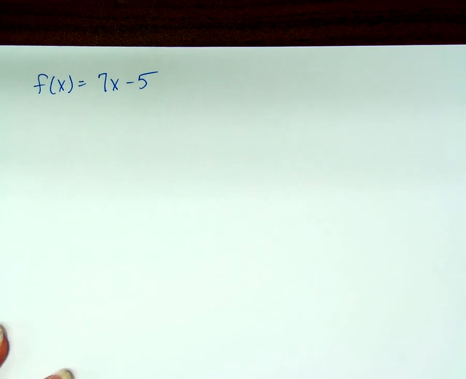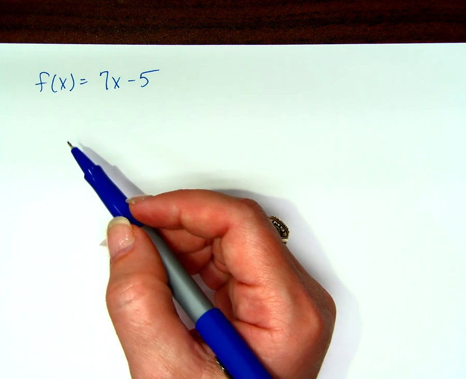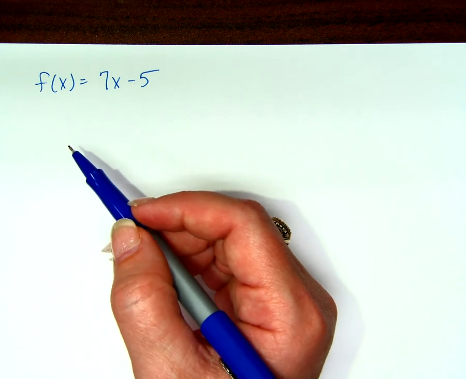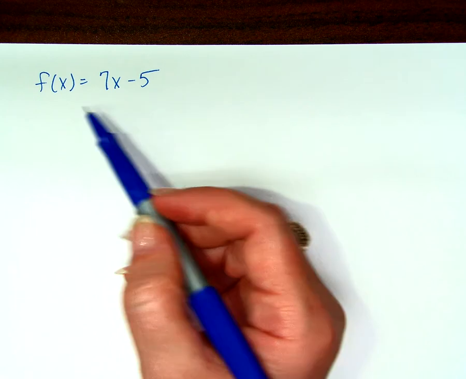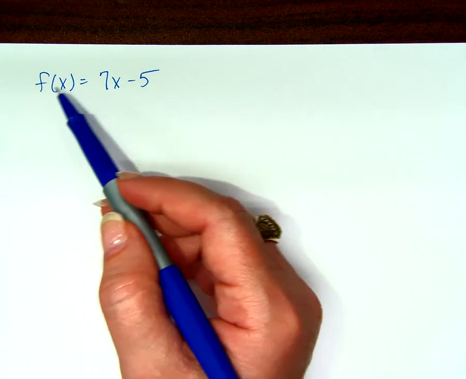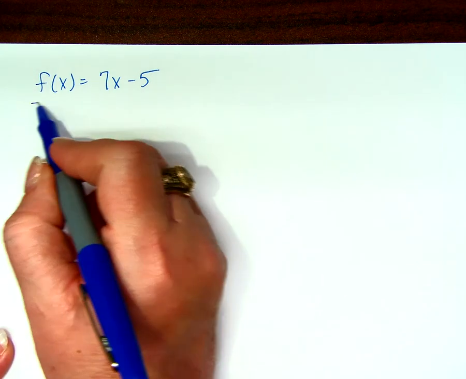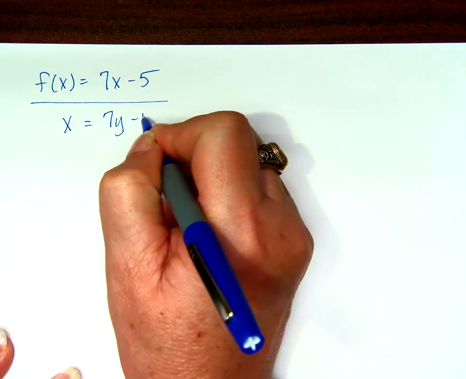Yes, you do. We switch x and y. Now, the part that's confusing for some people is that there's not a y. Well, remember, we're writing this in function notation, so f of x is taking the place of the y. So when I switch x and y, I get x equals 7y minus 5.